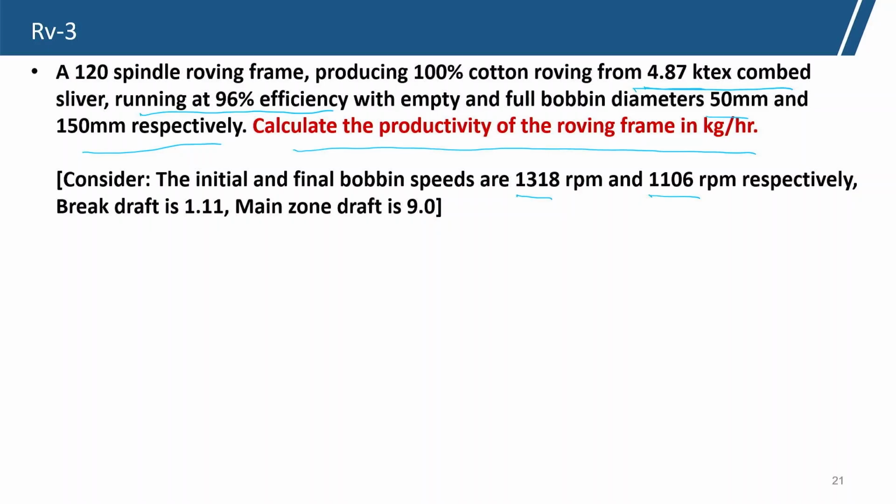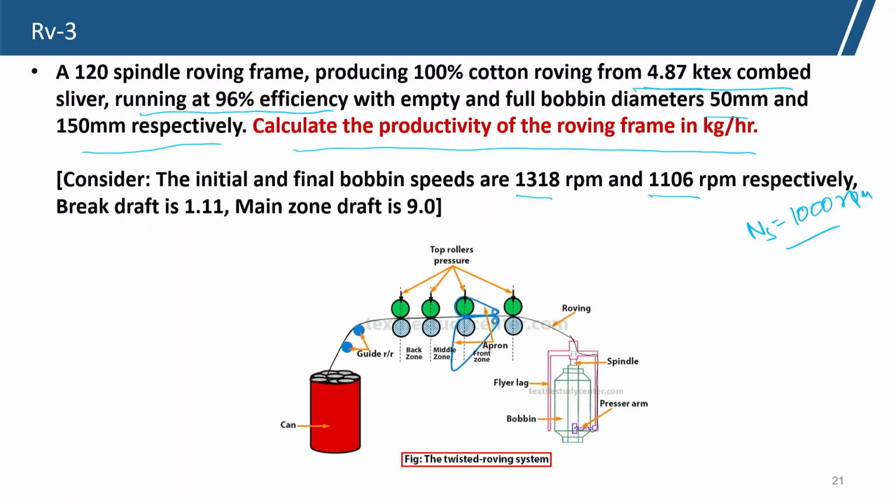With this data we got the spindle speed Ns of 1000 RPM. So here also the spindle speed will be 1000 RPM, and you have to calculate the productivity.